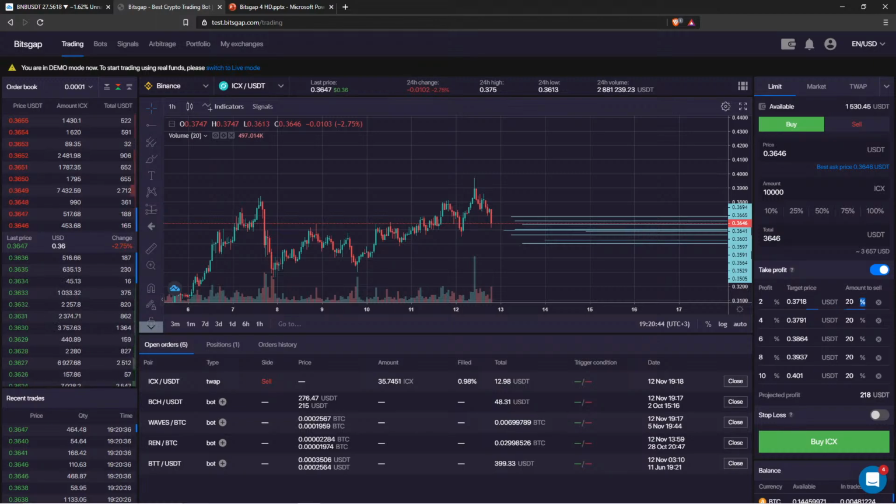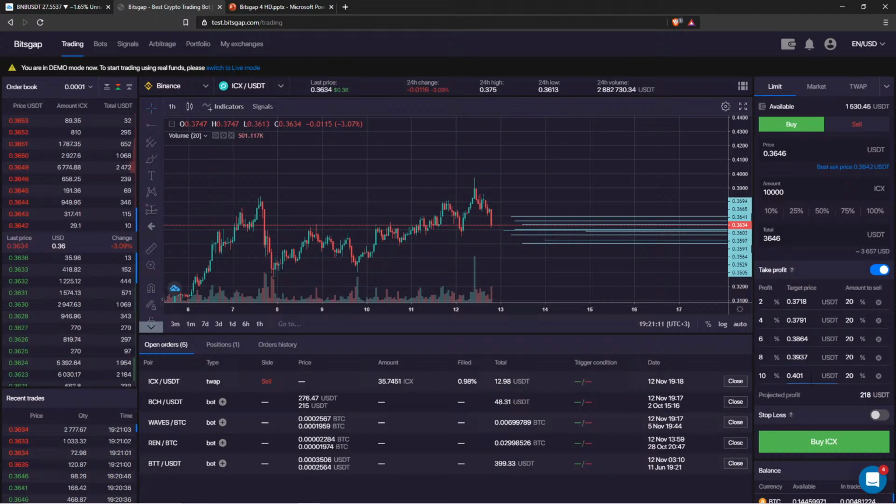So let's say I want to sell 20% as soon as the price reaches 0.37, another 20% as the price will keep rising higher, hopefully. And you can see the exact profit which you can get here, like 2%, 4%, 6%. And the cool thing here is that now you have this projected profit, which is 218 USDT in this case.